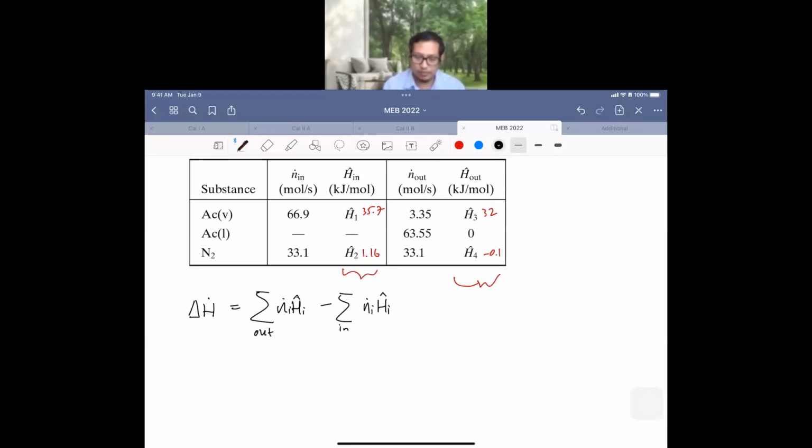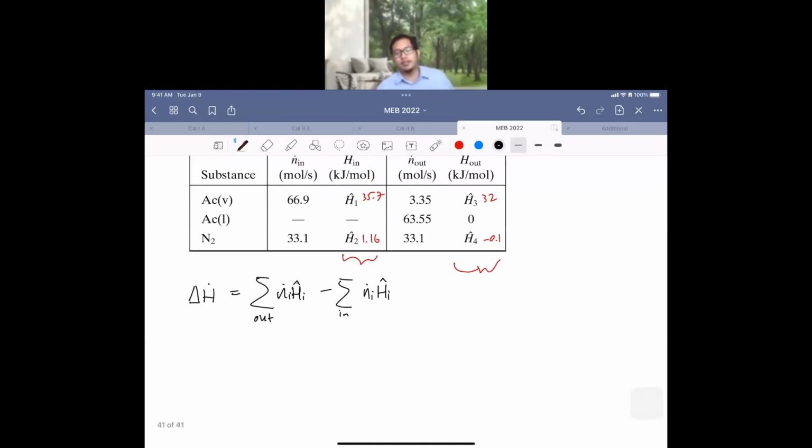So we could multiply N and H. So we'd have output as 33.35, 32 plus, this will be 0, so we will have a 0.